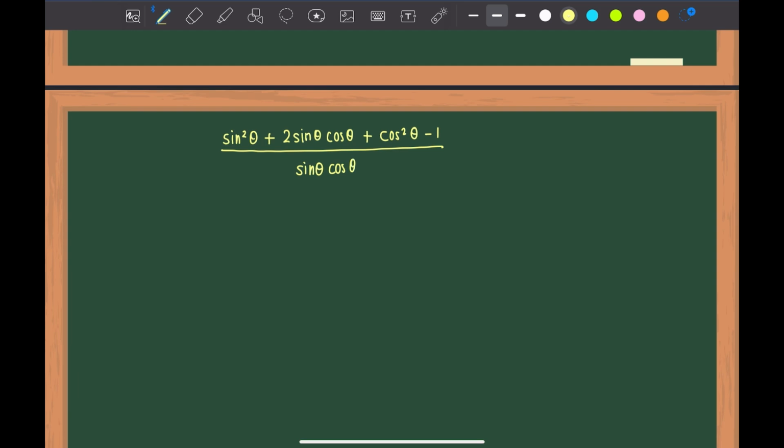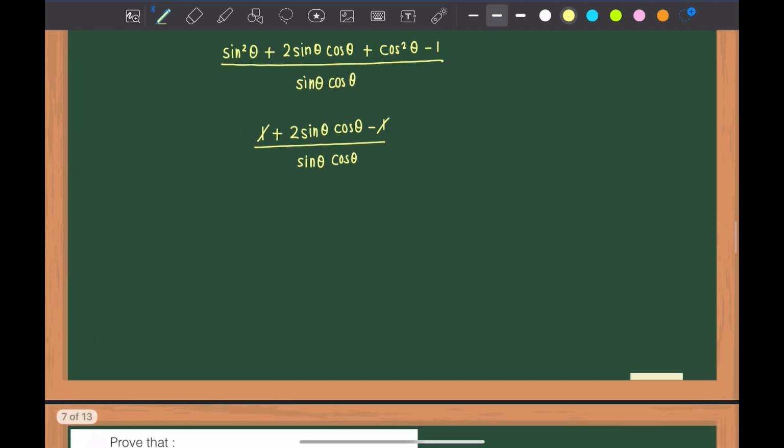As we all know that sine square theta plus cos square theta is 1, I can write 1 plus 2 sine theta cos theta minus 1, divided by sine theta cos theta. So plus 1 minus 1 gets reduced.